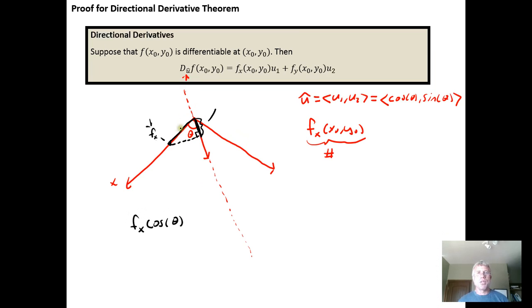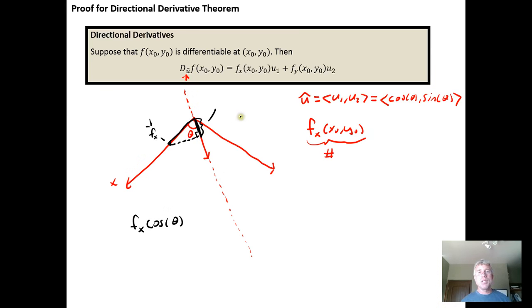Multiply the hypotenuse length on both sides, and we get this length here. The side adjacent is just the hypotenuse length times the cosine of theta. So really, this calculation, partial derivative with respect to x times the cosine of theta, is the component of the derivative in the direction of x that is also in the direction of u hat.